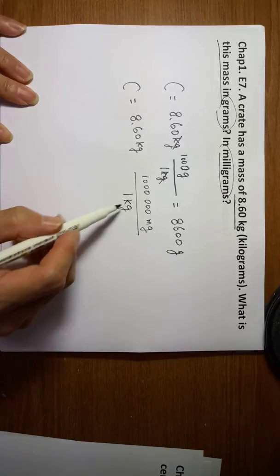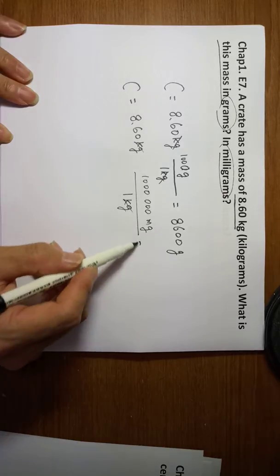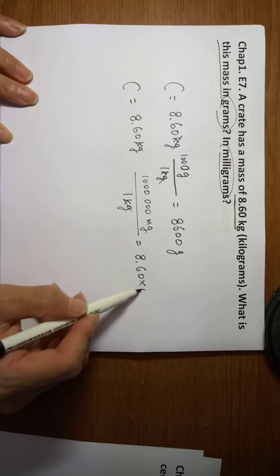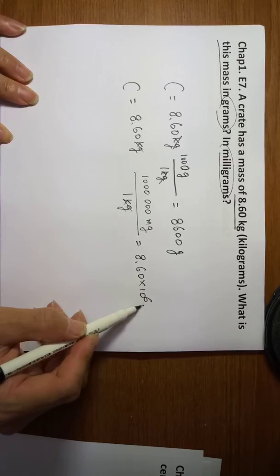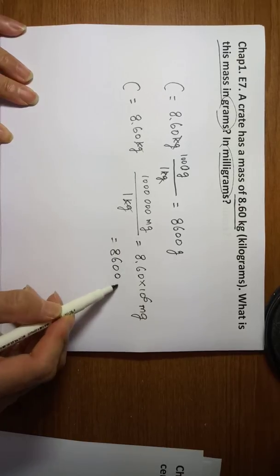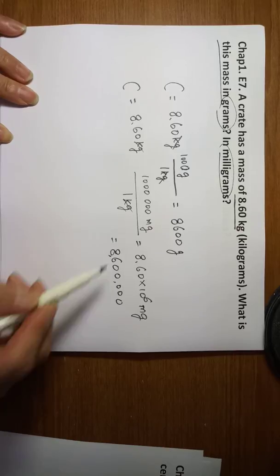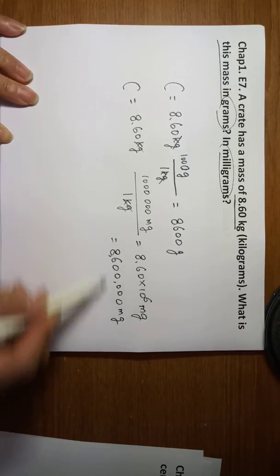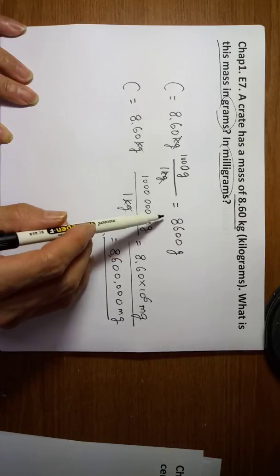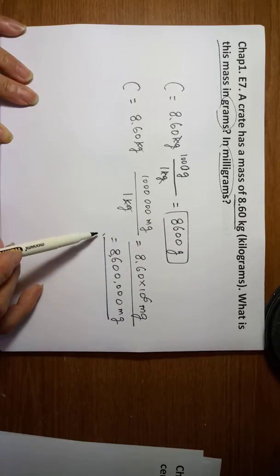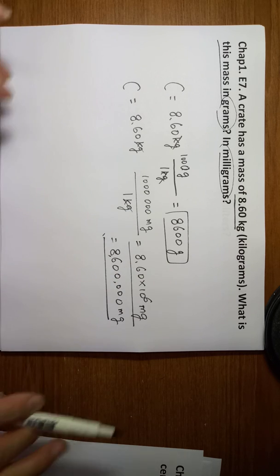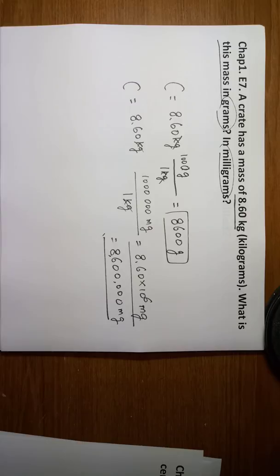Then kilogram cancel, and 8.60 times 10 to the power 6 milligram, or 8,600,000 milligram. It's just the scientific notation and the regular number. Okay, we can convert kilogram to gram and milligram. Okay, let's continue the next one.